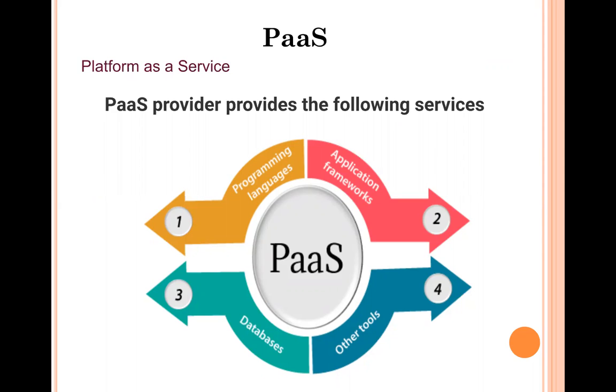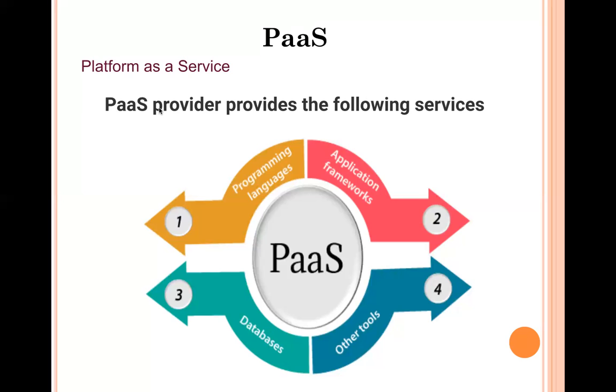Okay, so we can purchase those applications from the cloud service provider on the pay-per-use method, and we can access them using the internet connection. Now see, PaaS means platform as a service.